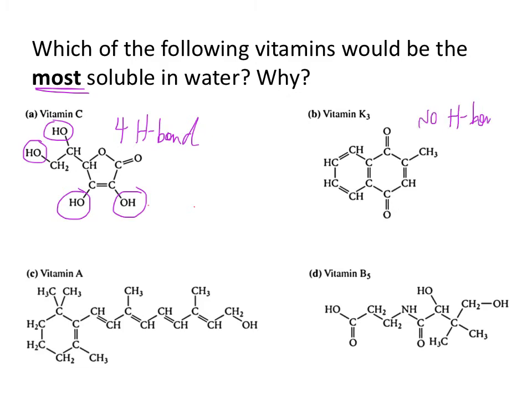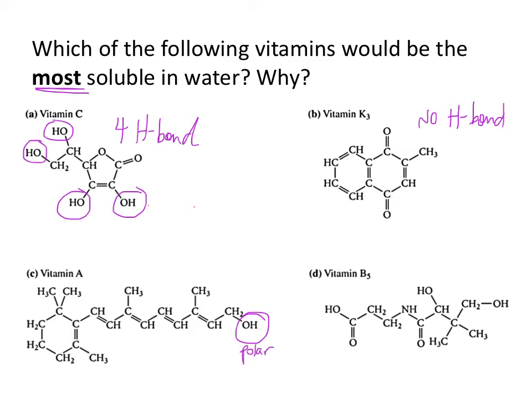Now remember that hydrogen bonding is H with N, O, or F. So something like CH3 does not count as hydrogen bonding because that's H with carbon, not H with nitrogen, oxygen, or fluorine. So there's no hydrogen bonds available here. For vitamin A, there is totally a place for hydrogen bonding. That's your polar part of your molecule. So we got polar over here.